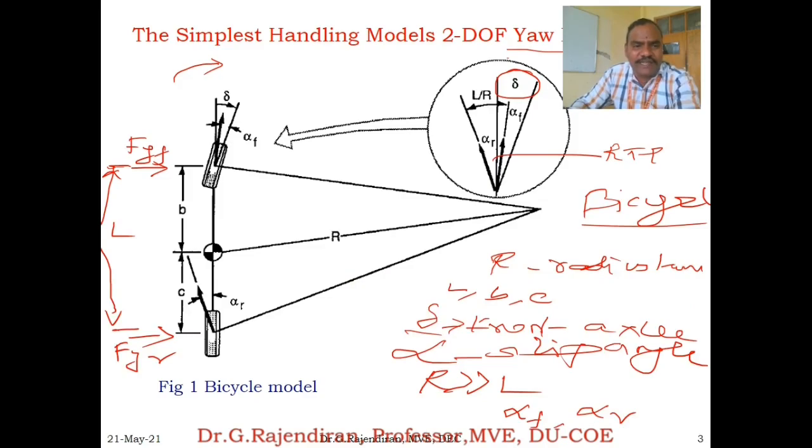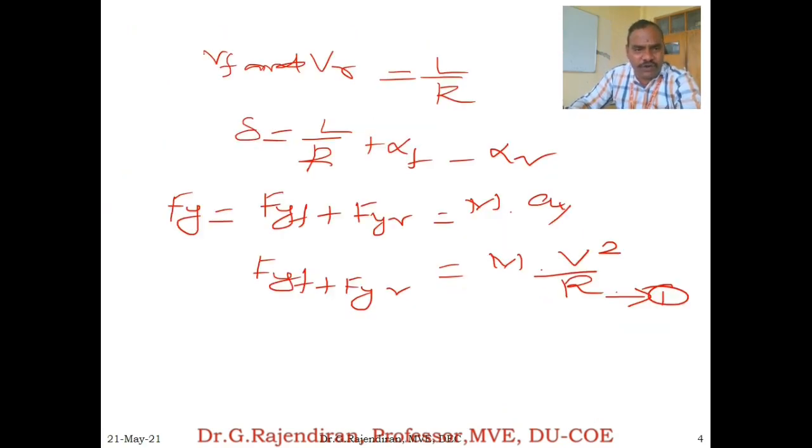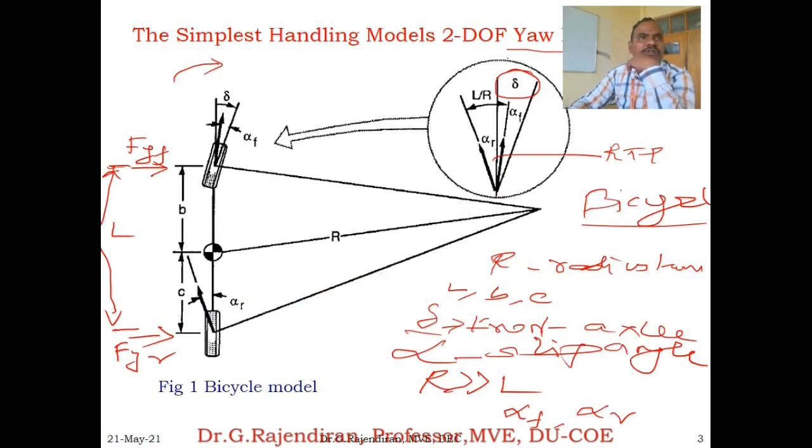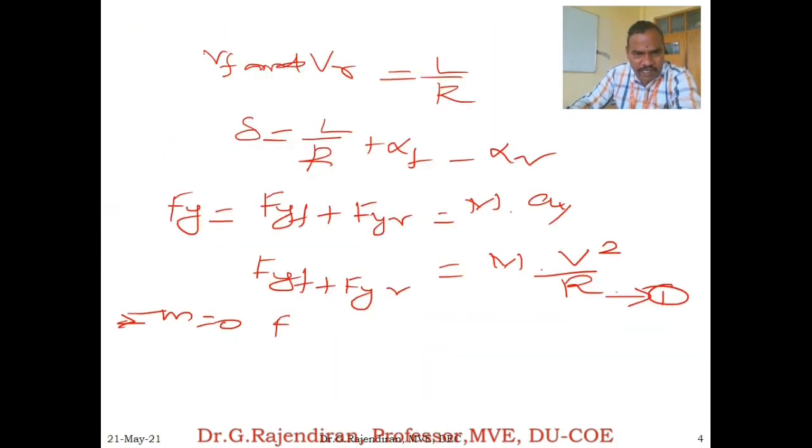Clear? So taking moments with respect to the center of gravity, sigma M is equal to 0. So we can write Fyf into B minus Fyr into C equal to 0.